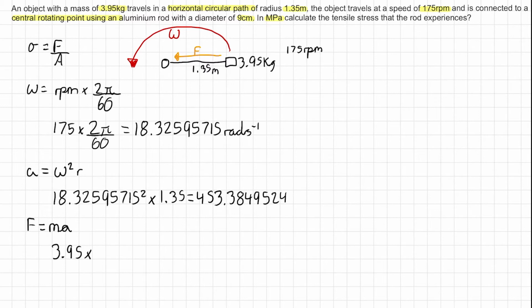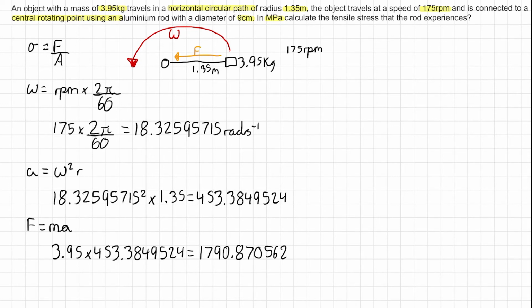So we've got 3.95 times our acceleration, which then gives us a force of 1,790.870562.